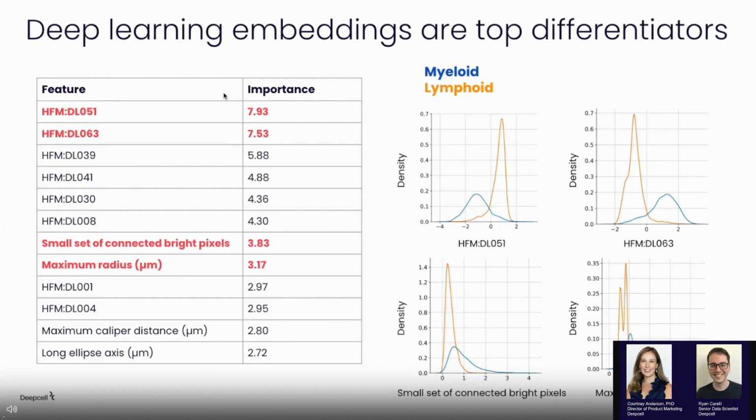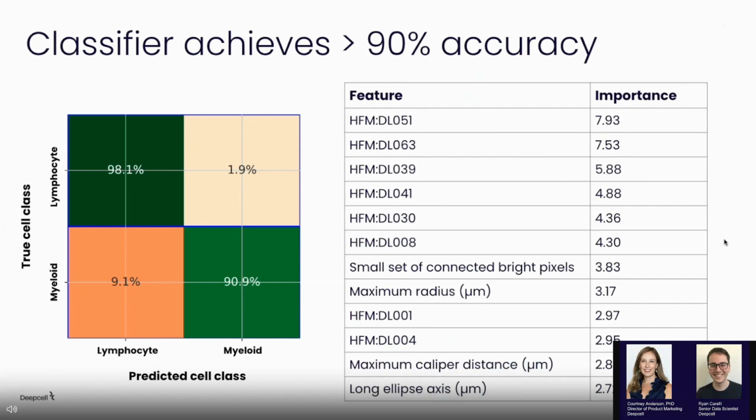In addition, we find deep learning features that are even more discriminative, as indicated by the high importance scores, and also the clear differences in the distributions of these features in each class. This classifier achieves an accuracy which is greater than 90% in distinguishing lymphoid and myeloid cells by morphology alone.